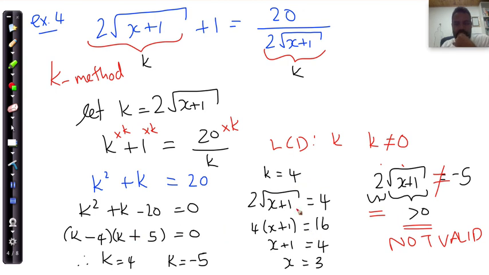Let's just check everything there. This was 2 into root x plus 1; square both sides, I get 16. Square this, I got 4 into x plus 1. Divide that, I get x plus 1, x equals 3.